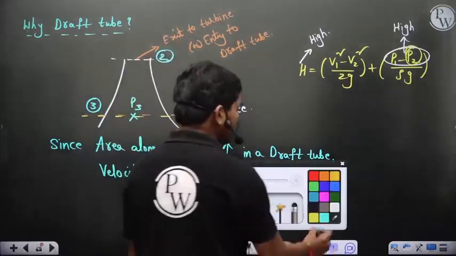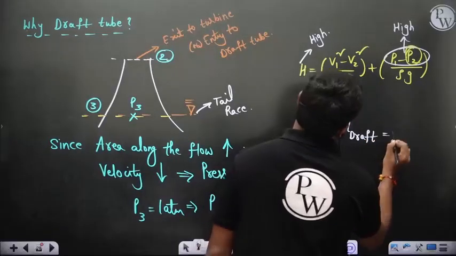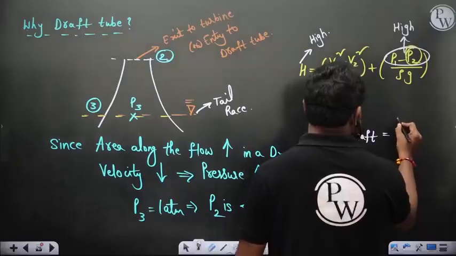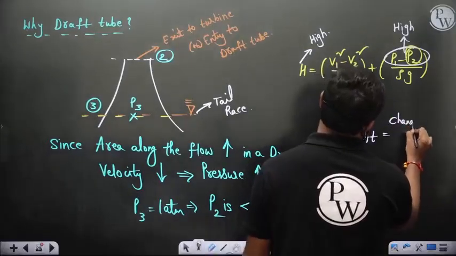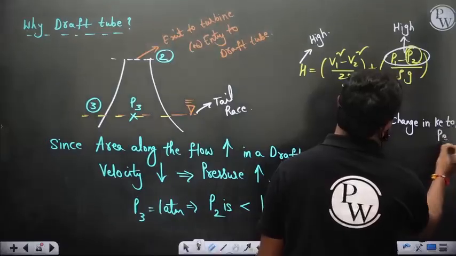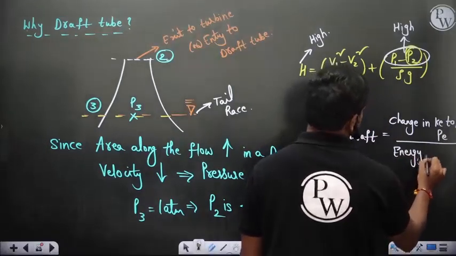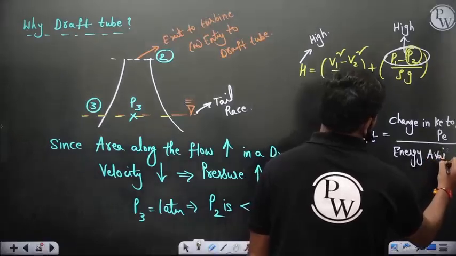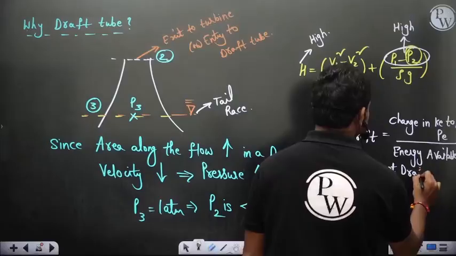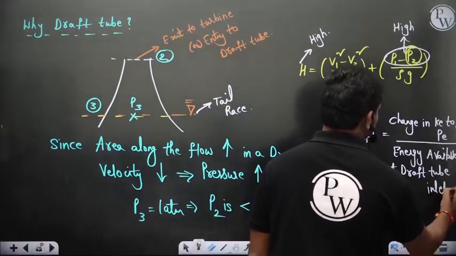And we also have something called the efficiency of the draft tube, which is ultimately from here to here there is an increase in the pressure. So it is the change in kinetic energy to pressure energy, divided by the energy available at the draft tube inlet.